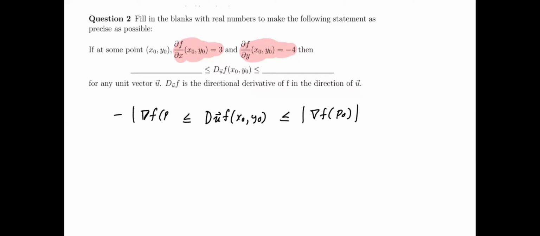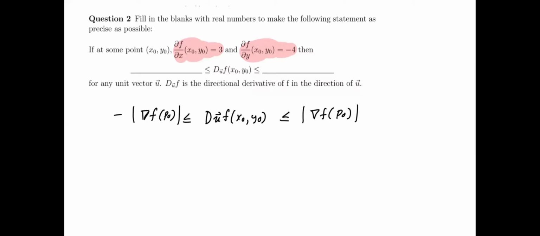We know by definition that the directional derivative of some function f in the direction of a unit vector u at some point x0, y0 is always between the negative magnitude of the gradient of f at P0 and the magnitude of the gradient of f evaluated at P0.